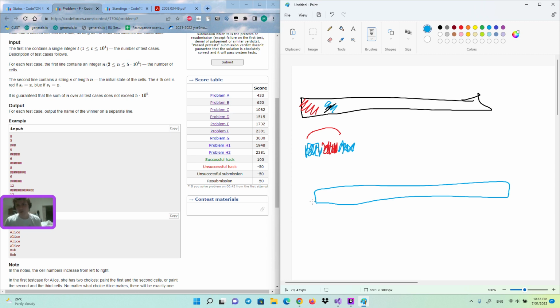So, what does the board look like? It looks like some alternating blocks, and after that, for example, the same color boxes.